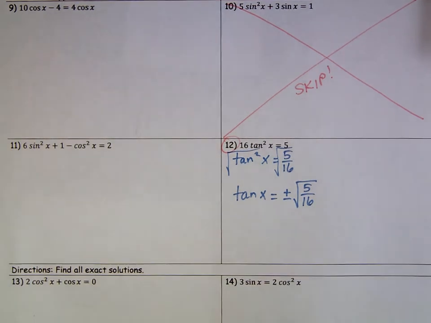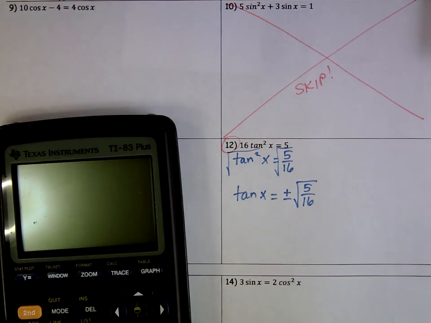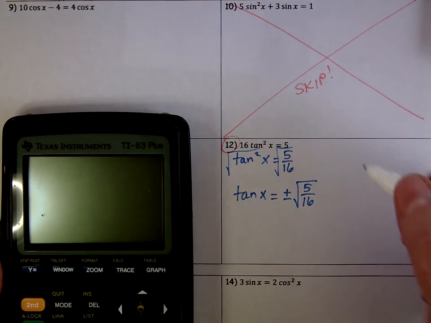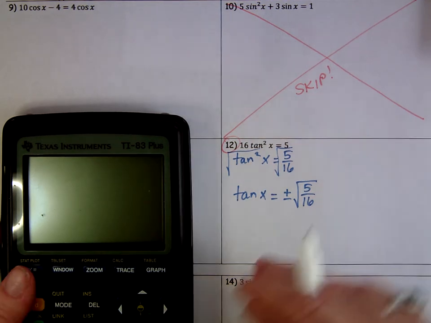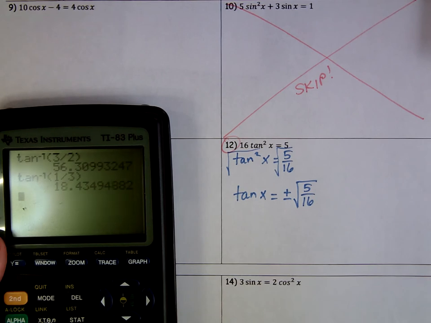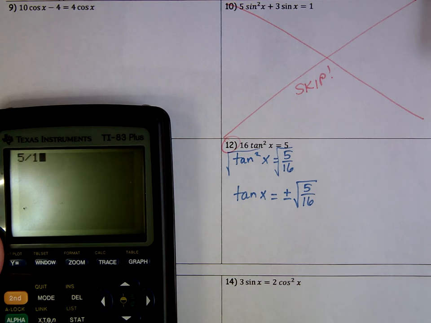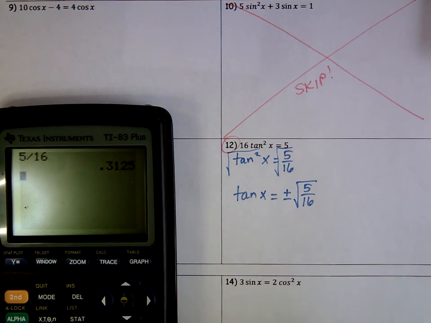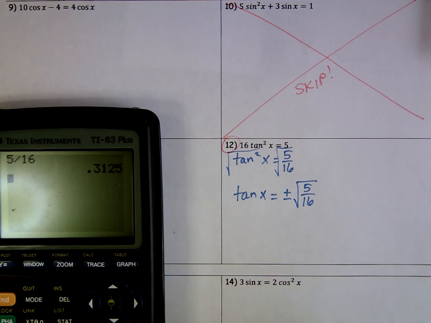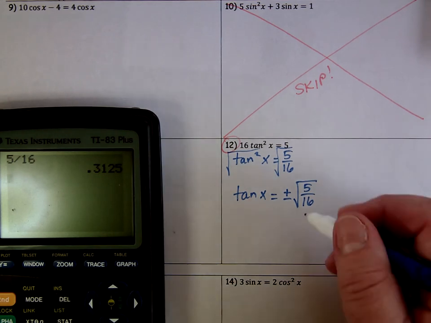So what you need to do is go to your handy dandy calculator, and you need to figure out reference angles. I talked about this in the introduction video. So what you're going to do is take your calculator, and you want to know what is 5 divided by 16. So 5 divided by 16 gives me 0.3125. But then I want to know what the square root of that is.